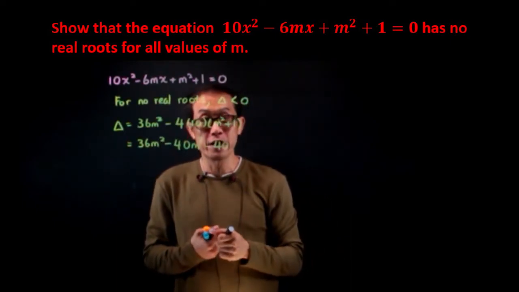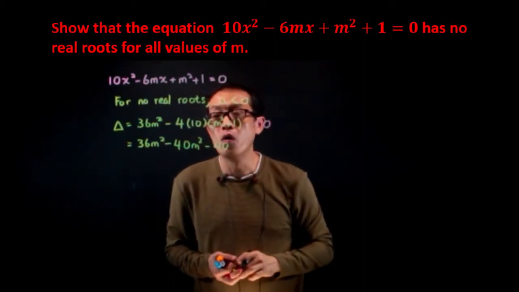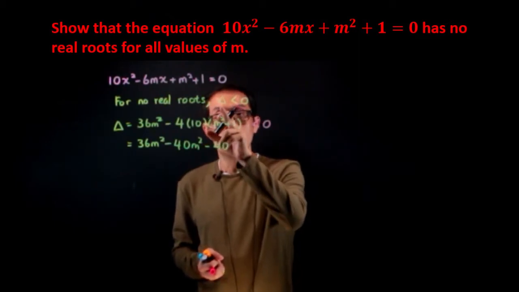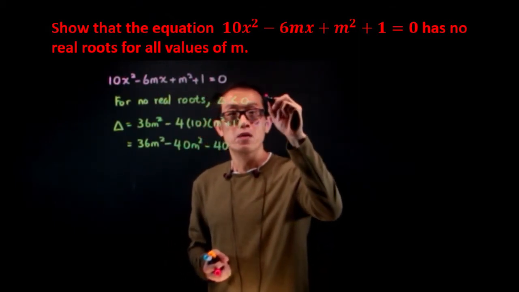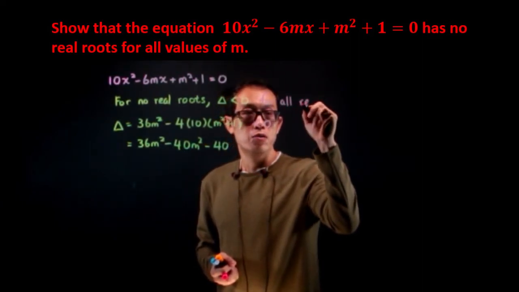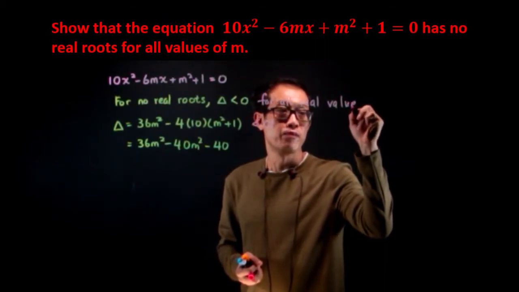Now a lot of students, at the beginning, will write this is less than 0. No, that is wrong, because you are supposed to show that this is less than 0 for all real values of m.